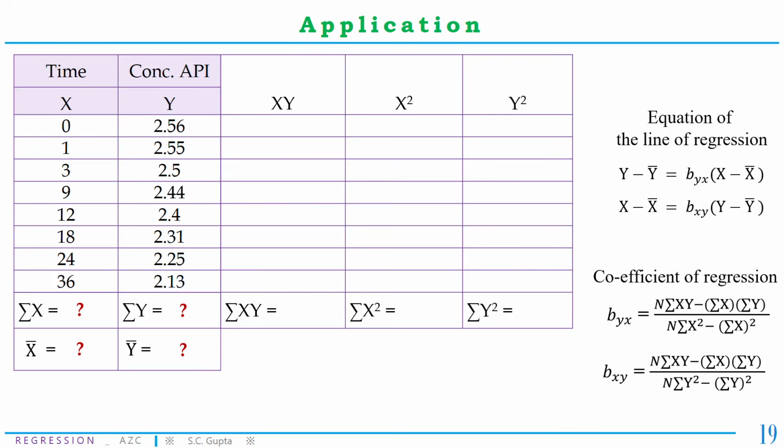First, calculate the mean of x and mean of y. Mean of x found is 12.875, and mean of y found is 2.3925. Now, calculate sigma xy.